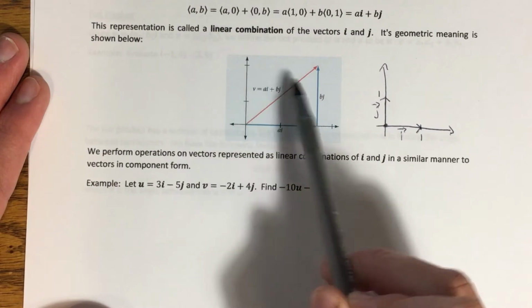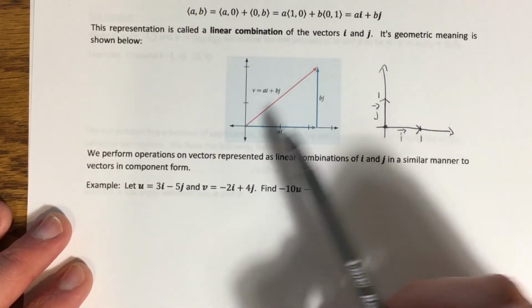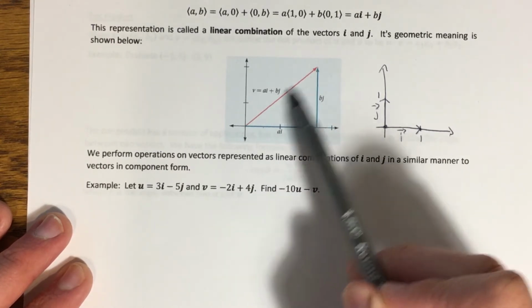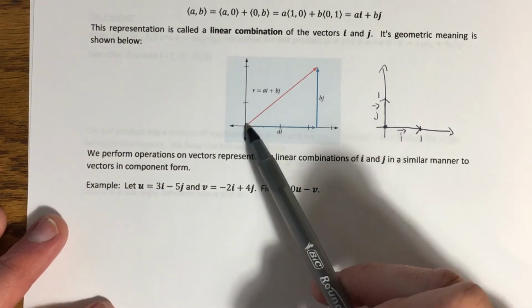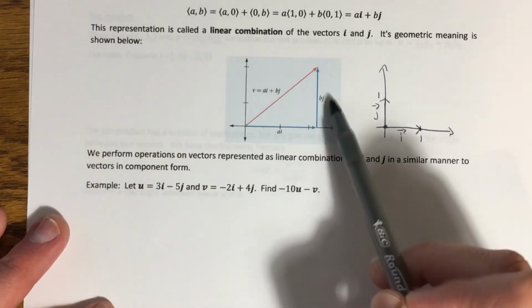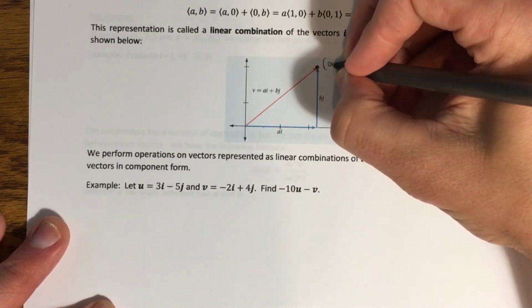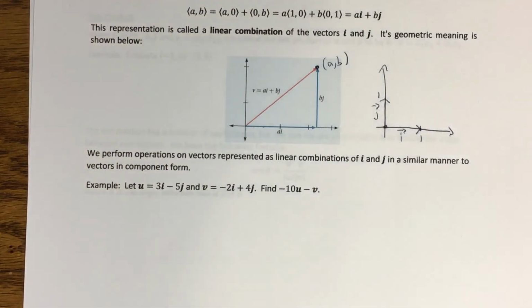It may flip the vectors if either A or B are negative. And then summing those two, tip to tail, it gives me this vector here, which I can think of as the hypotenuse of this right triangle. Notice that because this is in standard position, this terminal point would be AB.